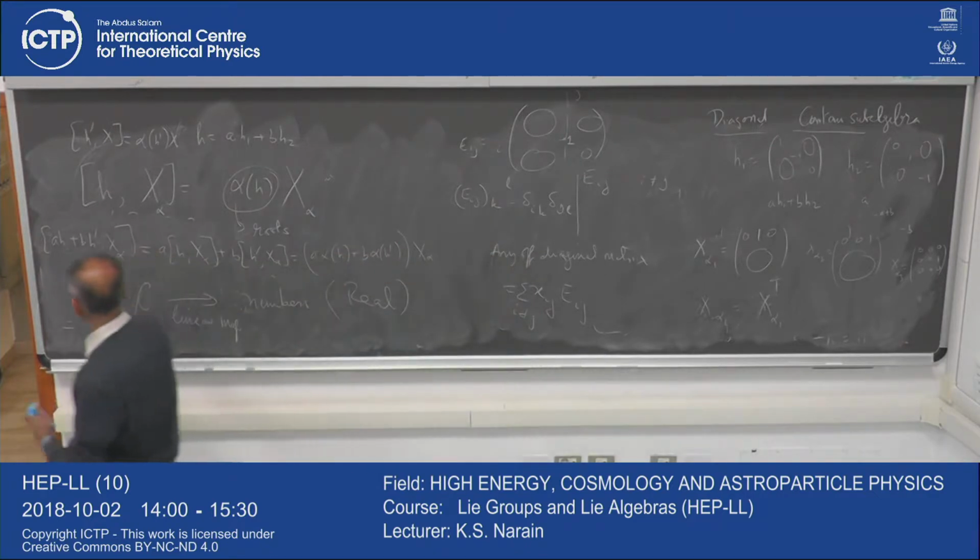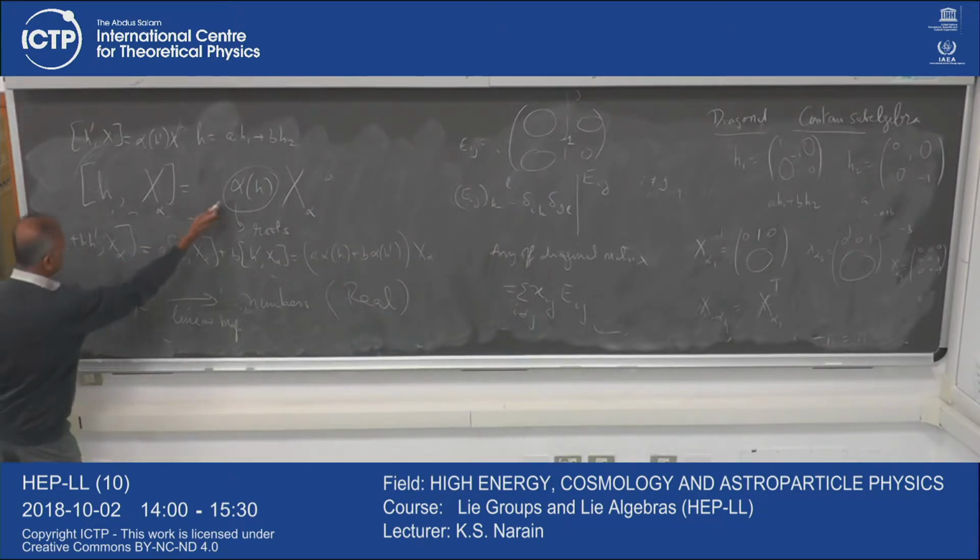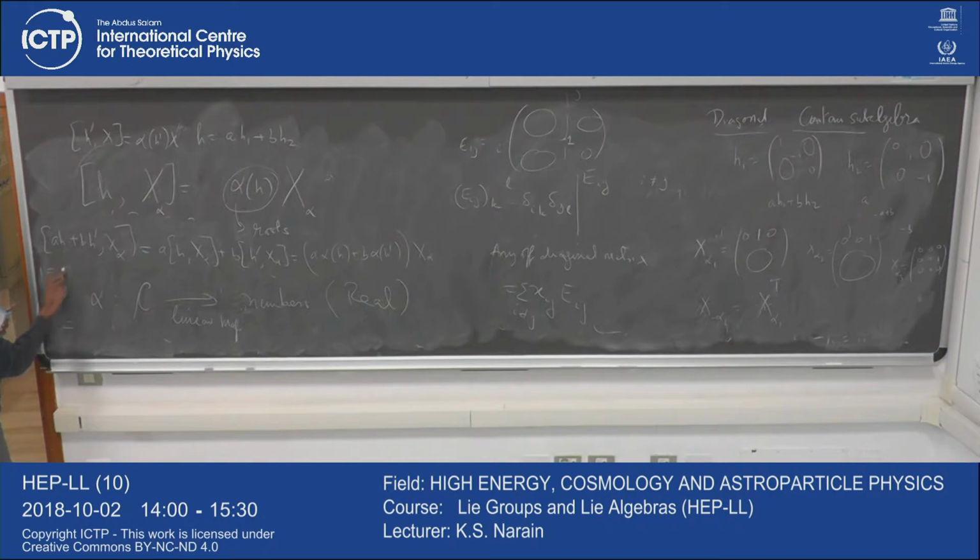On the other hand, directly from the way we are writing this, this object would have been alpha of AH plus BH prime X alpha, correct? So what we are seeing is for any H, in particular this is also some H, call it H double prime.